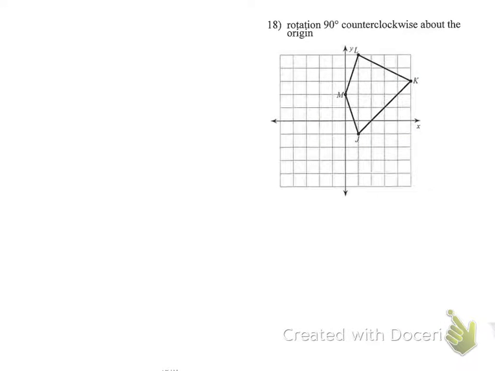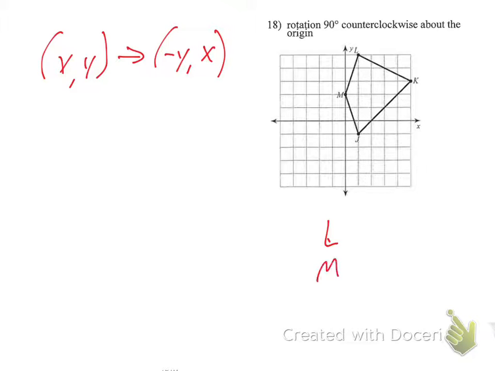All right, and then 18. We're going to rotate 90 degrees. So again, it's the same thing, where (x, y) is going to turn into (-y, x). We have L, M, J, and K. These are all the pre-image points.